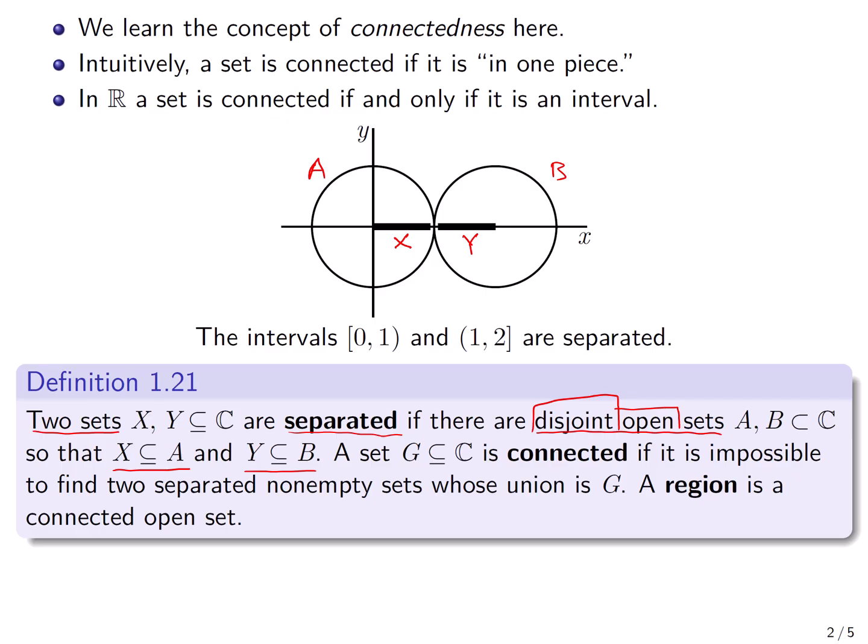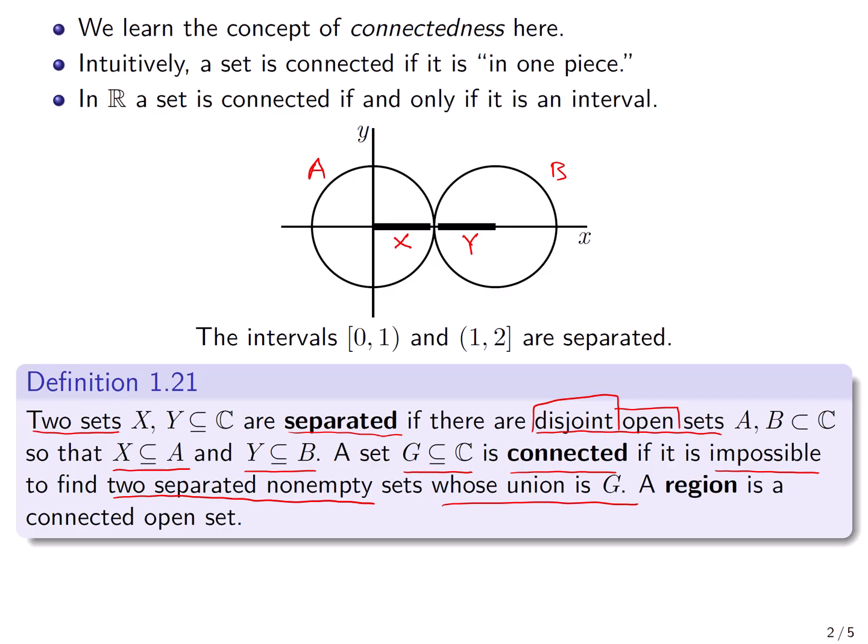A set G, which is a subset of C, is connected if it is impossible to find two separated non-empty sets whose union is G. All words are important again. If you can break the set into two separated sets, then it is separated.